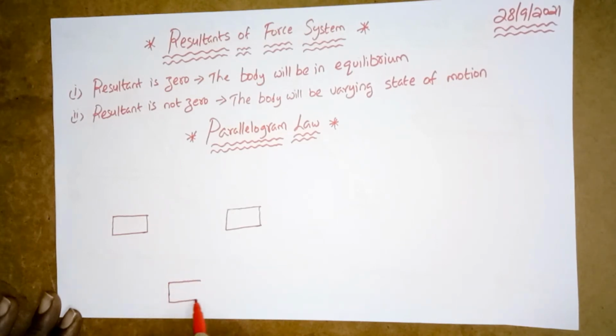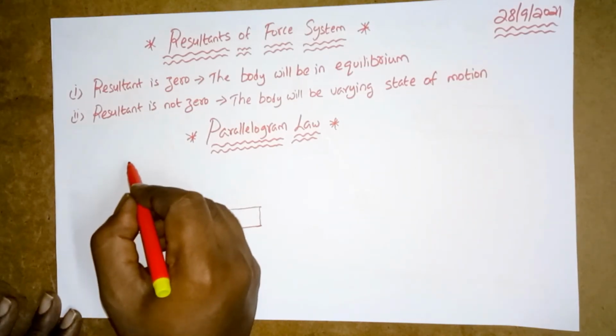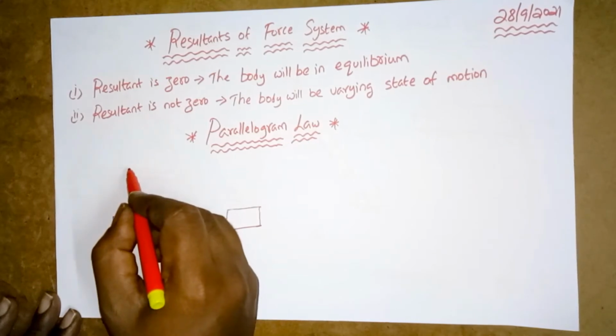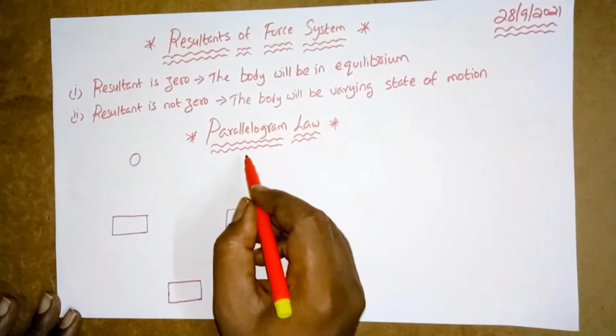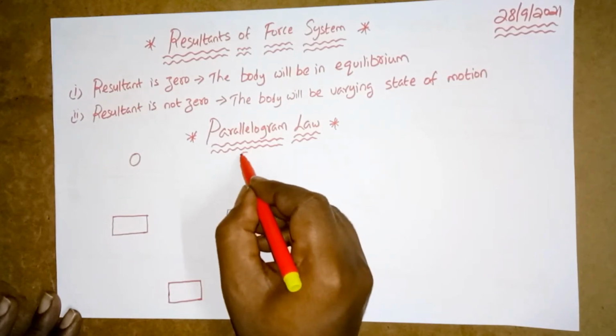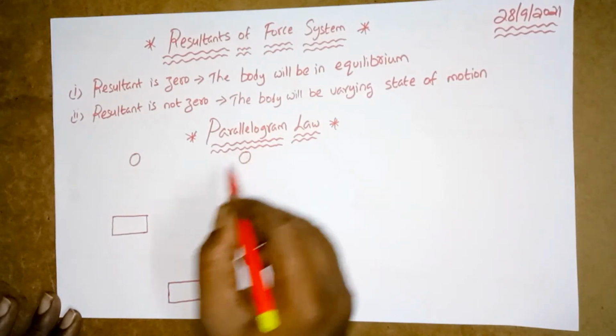First, second and third. Here, these are the free ends of this parallelogram setup. You can understand how I am drawing.